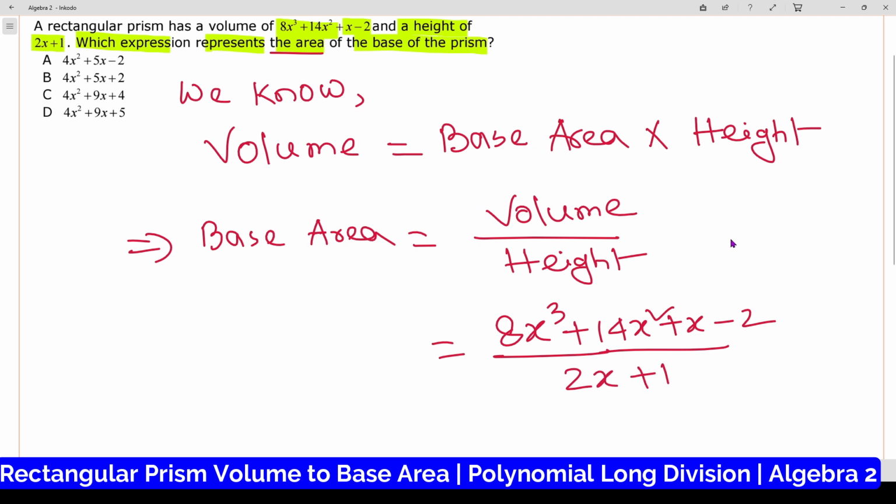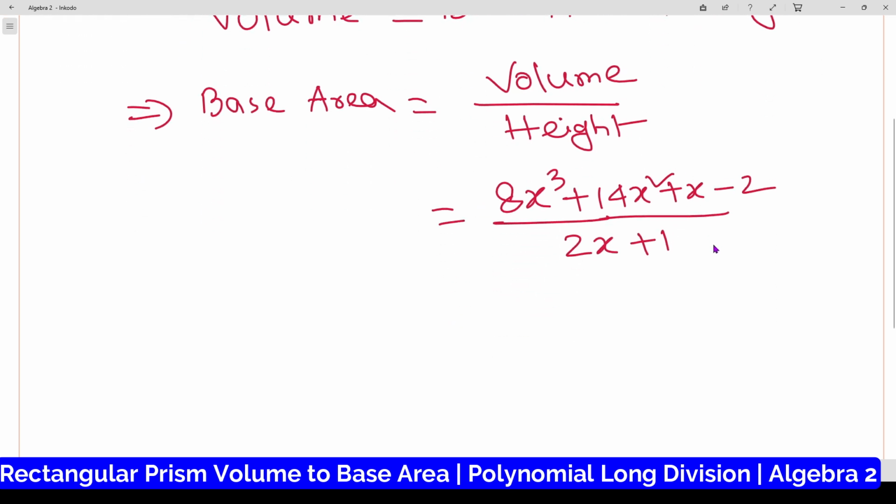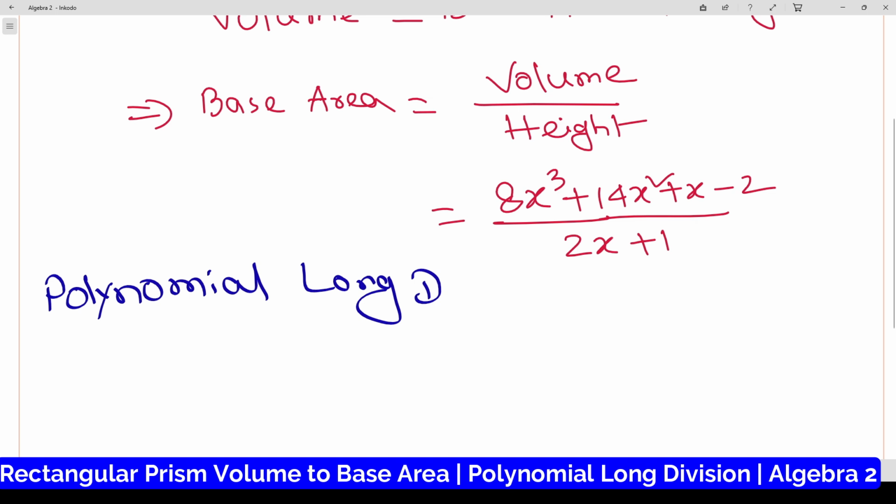There are different ways we can find the value. Here we are using polynomial long division.